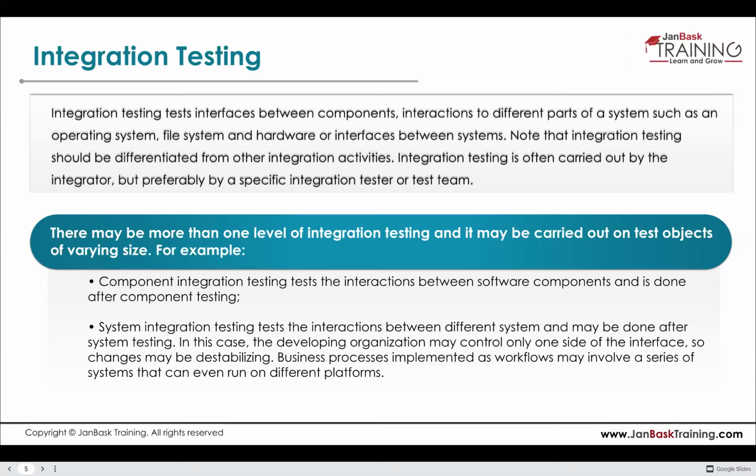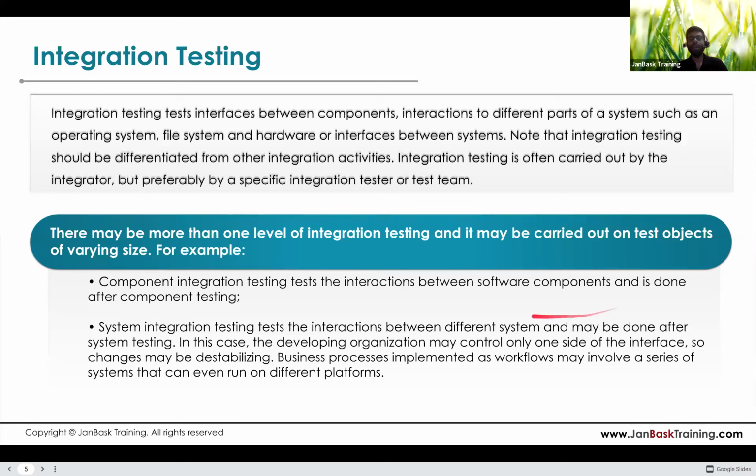Component integration testing tests the interaction between software components and is done after component testing. Obviously, once the components are developed, component testing will be done. After that, when they are integrated together, the interaction between different software components is tested in component integration testing.